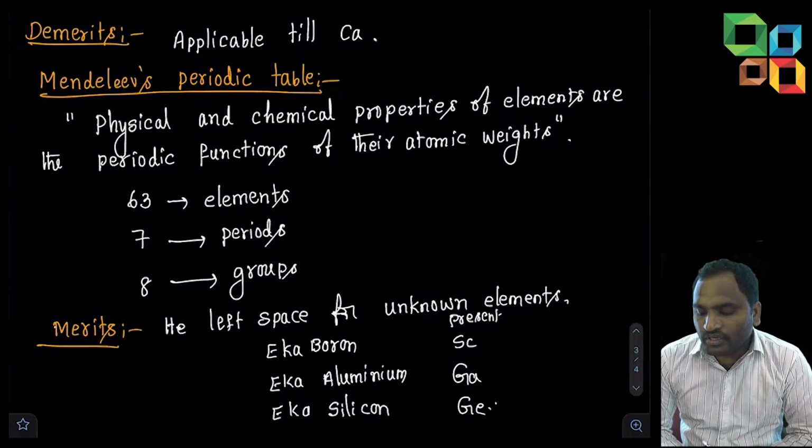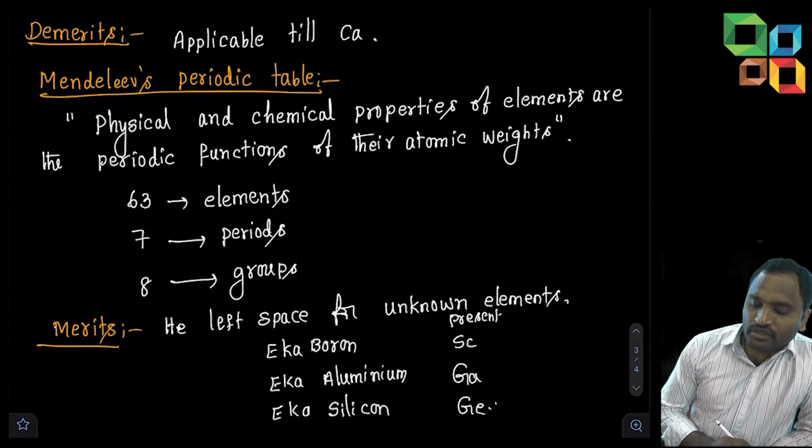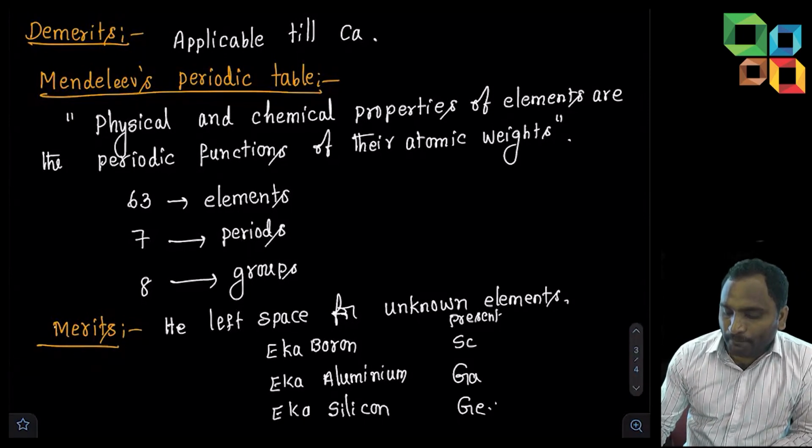Boron corresponds to scandium, aluminium to gallium, and silicon to germanium. These are the unknown elements he predicted.